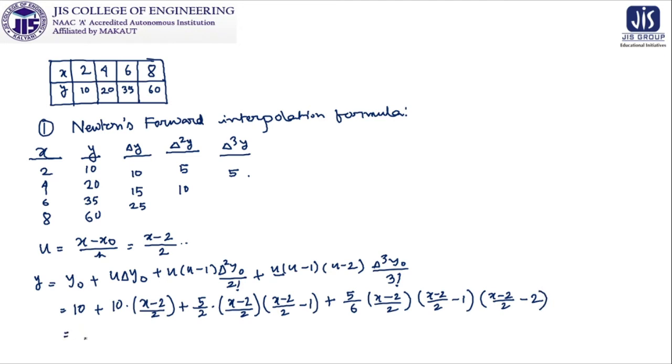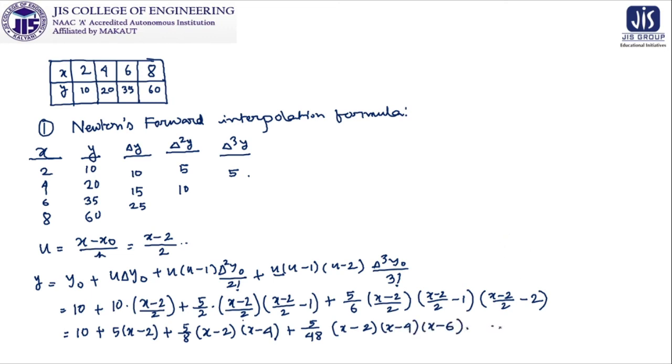If I want to simplify it, then the polynomial that we are going to get, all of us can simplify. Just do one liner for this: 10 plus 5 into (x minus 2), plus 2 into 2 into 2, that is 5 by 8 into (x minus 2)(x minus 4), plus 2 into 2 into 2, 8, 8 into 6, 48, so 5 by 48 (x minus 2)(x minus 4)(x minus 6).